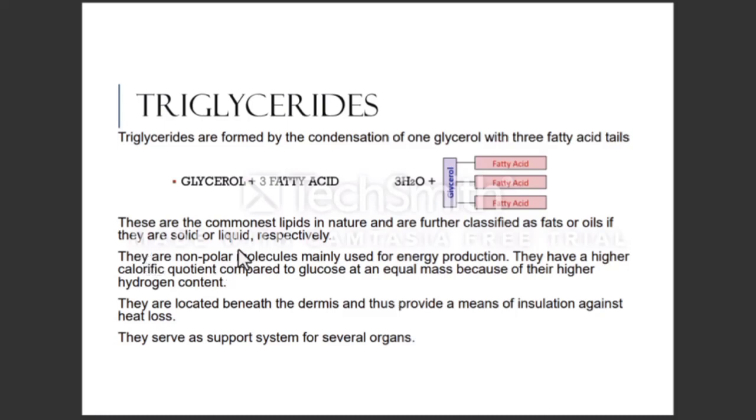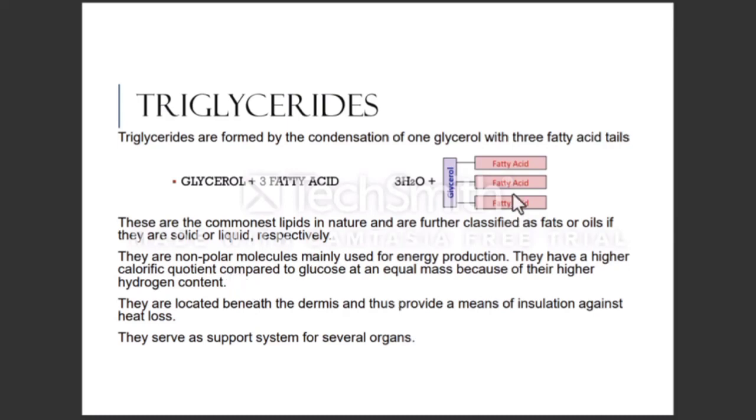So these triglycerides are non-polar molecules that are mainly used for energy production. They have a higher calorific quotient compared to glucose at an equal mass because of their higher hydrogen content. So what do we mean by higher calorific quotient?